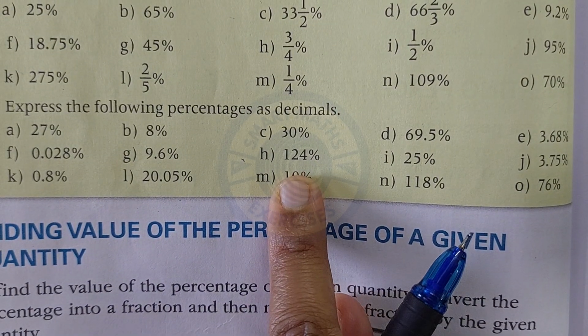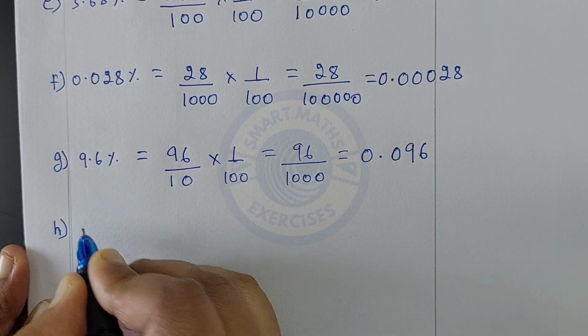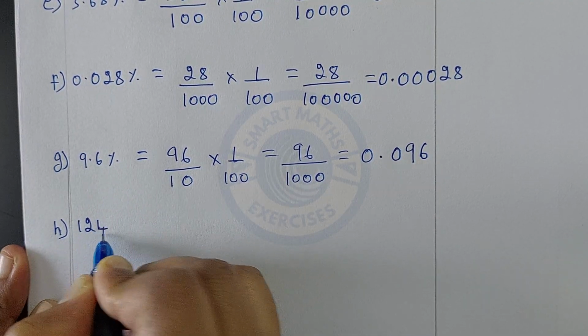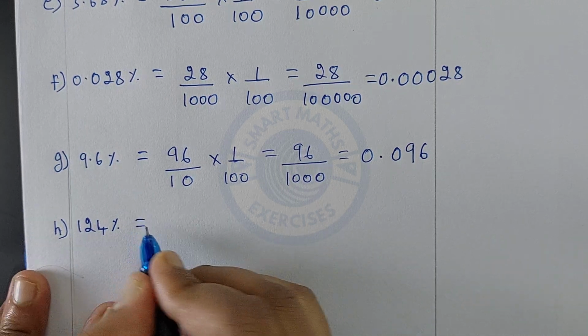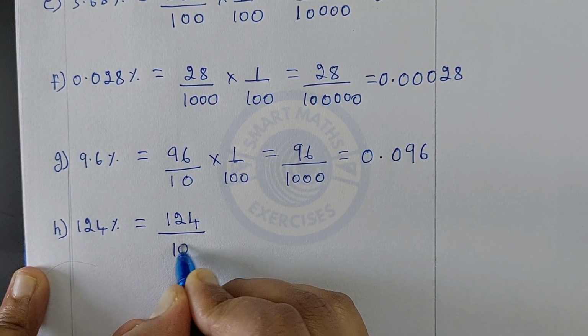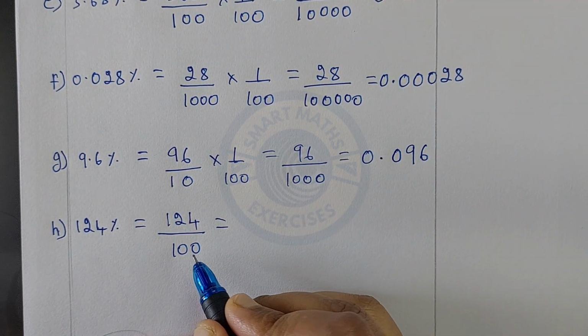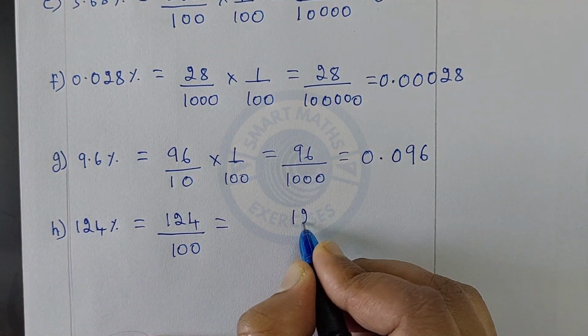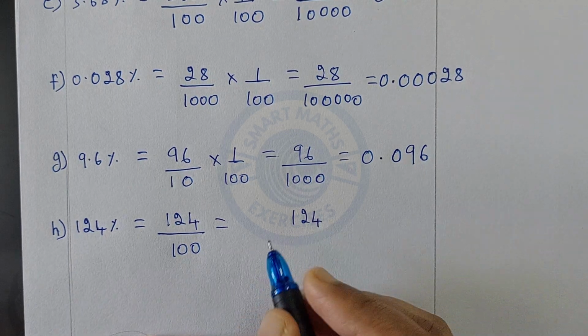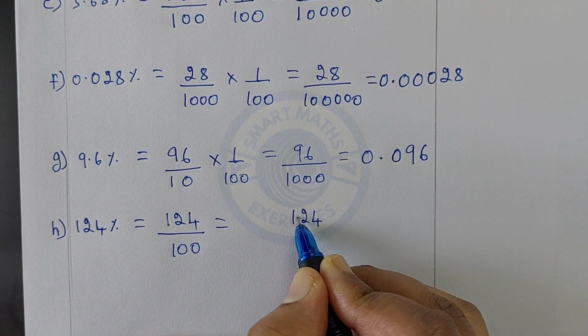Next question, H, 124%. So 124 divided by 100. Here write 124 towards the right hand side and count the number of zeros. 2, 1, 2.